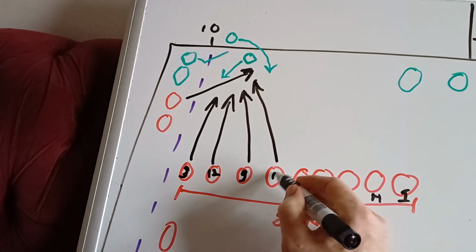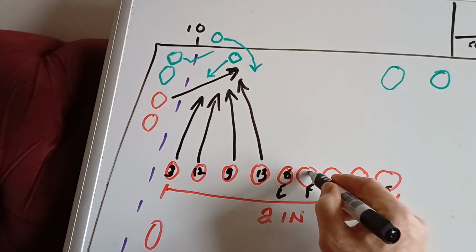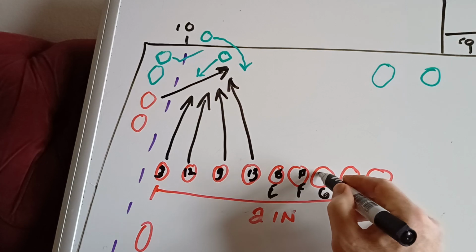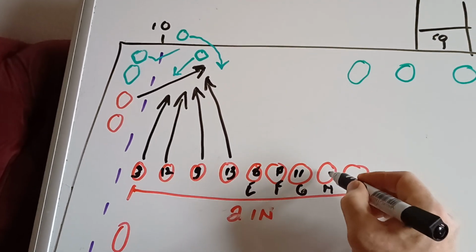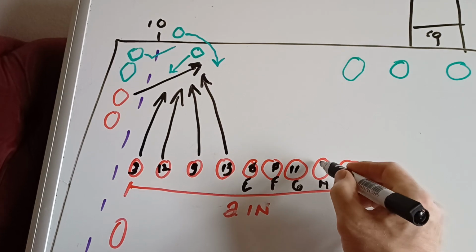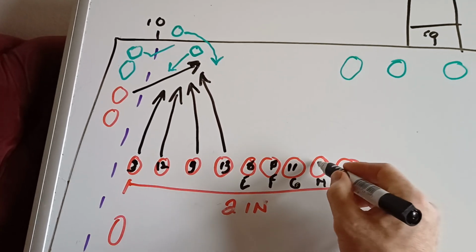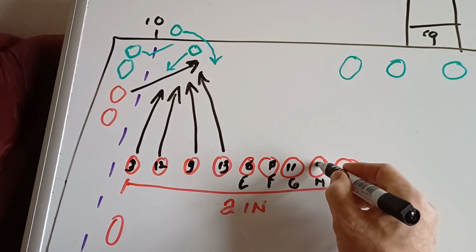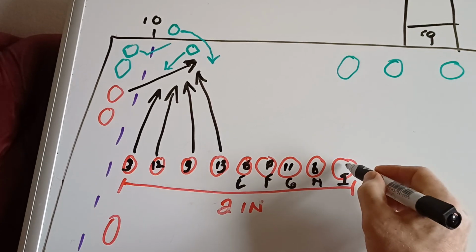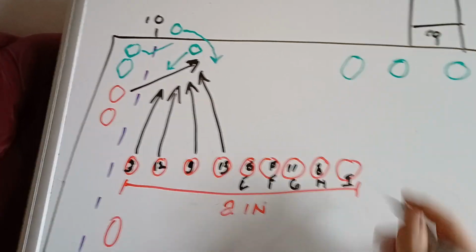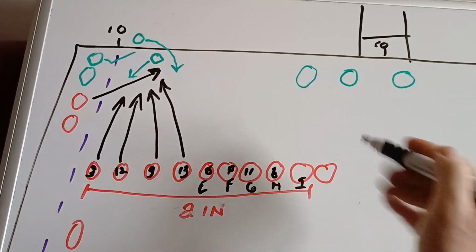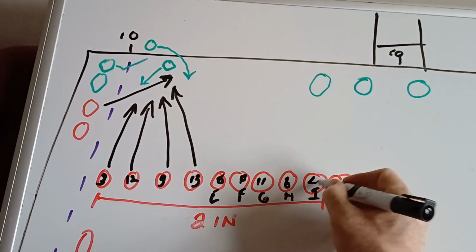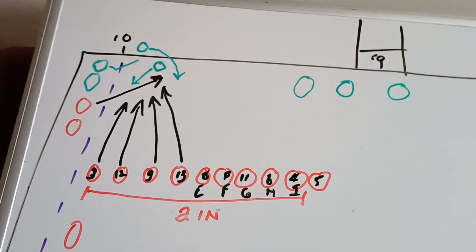Your 9, your 13, your 8, your 10, your 11, six. There's another one in there. Let's put another defender in. Can't count. 6, 4, 5.